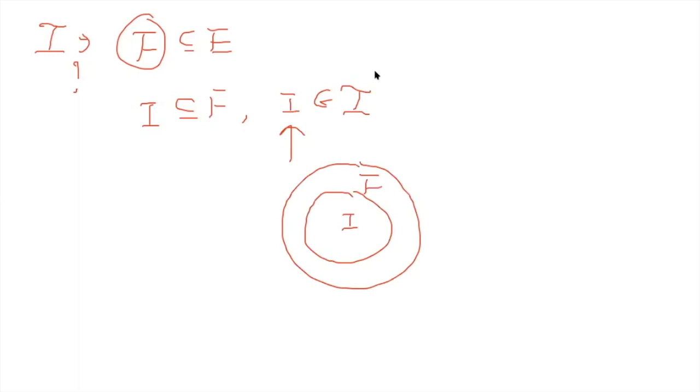It is maximal, which means that any other set that includes I and is also a subset of F is not going to be in curly I. So this I is the largest one.